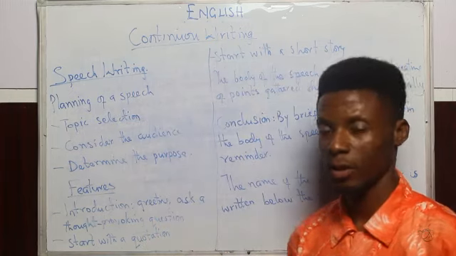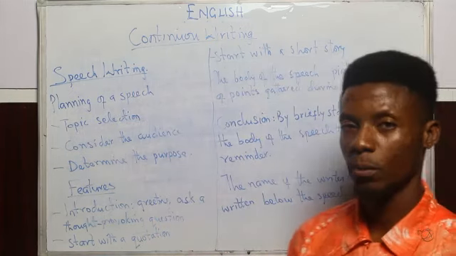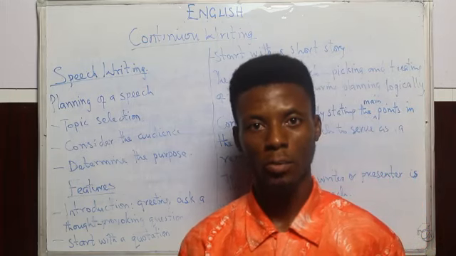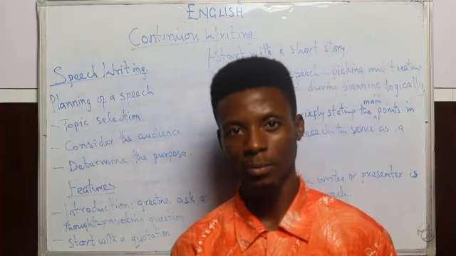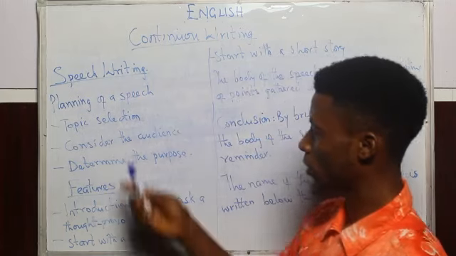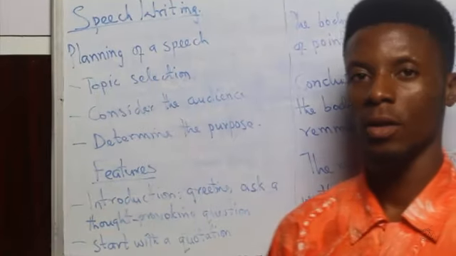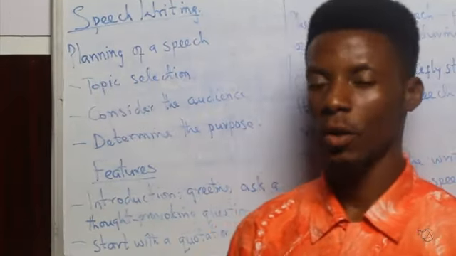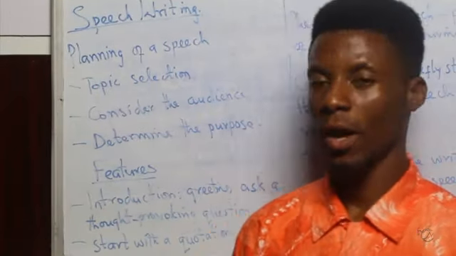When writing a speech, a few things are to be put to mind and considered before delivering such speech. First, we have to plan our speech. You have to plan before writing your speech.